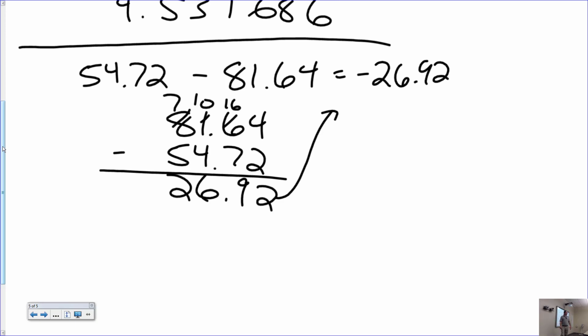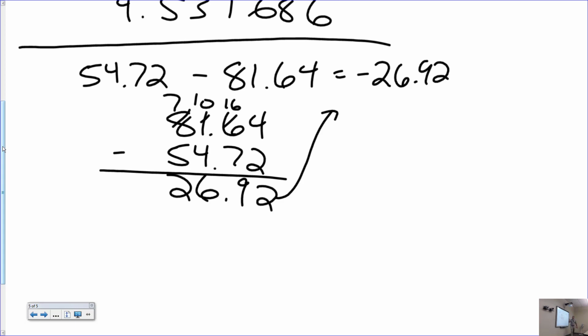Why does that work? That sure seems like magic to me. Why does it work, though? It's the same difference. It is the same difference, but why is it? If your kid came up to you in 4th or 5th grade and asked, why do you do that?